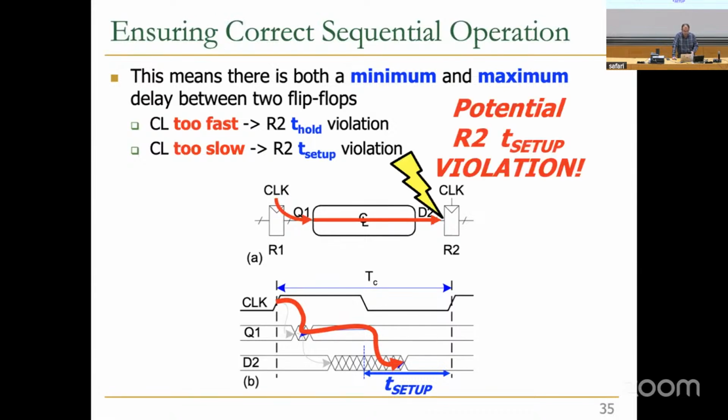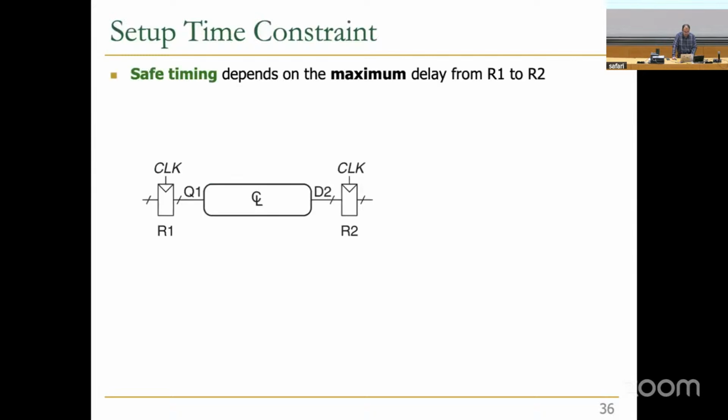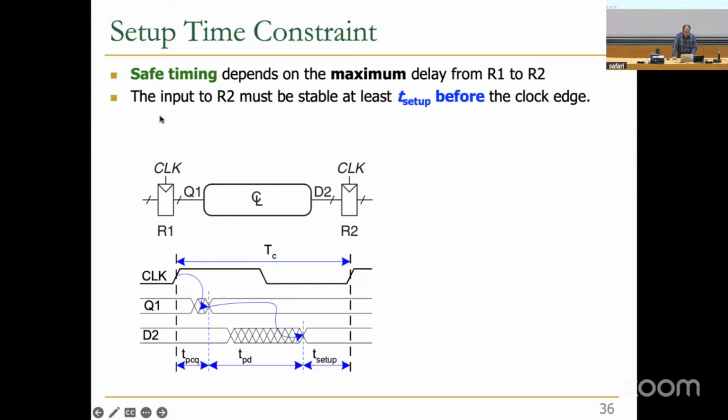So now we have a potential T-setup violation here. So we always need to make sure that we have safe timing, and that safe timing depends on the maximum delay from R1 to R2. The input to R2 must be stable at least T-setup before the clock edge.